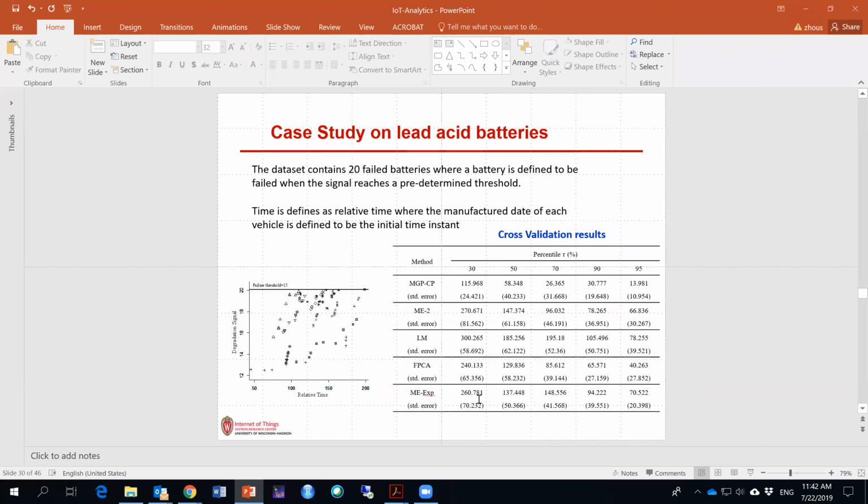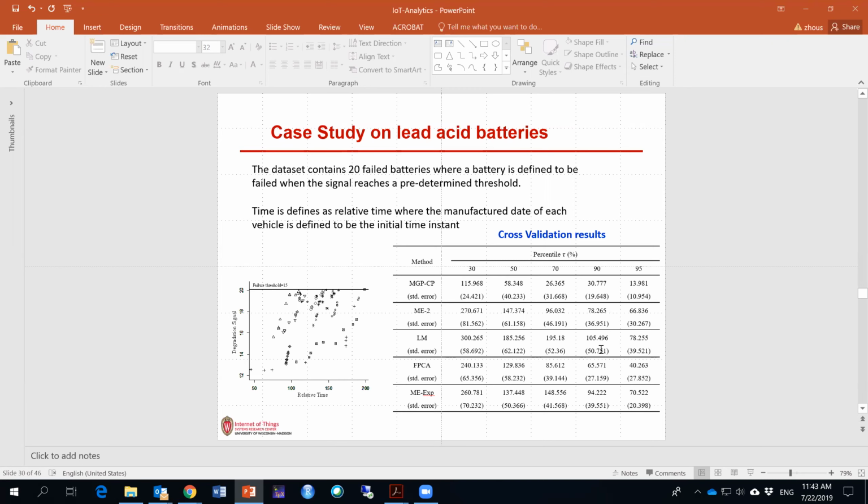And we also tested this method using a real data set. This is a real data set for battery data. You can see the degradation signal form is really wild, really diverse. It has different types of form. It's really hard to say what functional form it really follows. You can see our prediction error for this MGP, the multivariate Gaussian process-based prediction, is much better than other methods.